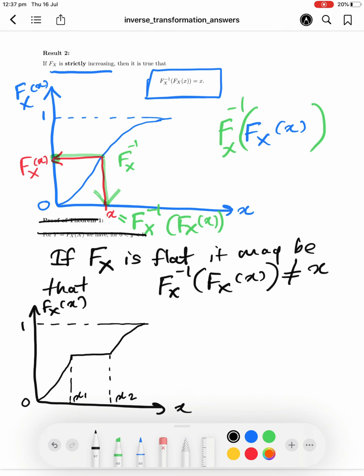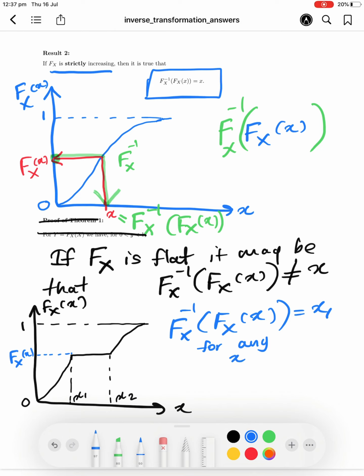Now, according to the previous definition, Fx inverse Fx x is x1 for any x within this range, including x1 and x2.